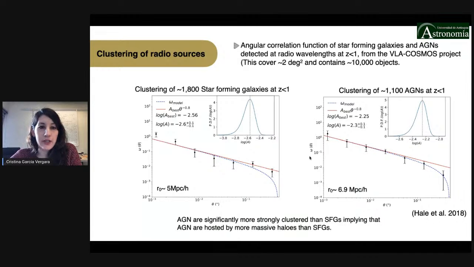And the main point here is that AGNs are much more strongly clustered than star-forming galaxies, which implies that AGN are hosted by more massive halos than star-forming galaxies. That is actually not very surprising, but it's nice that we can measure this.